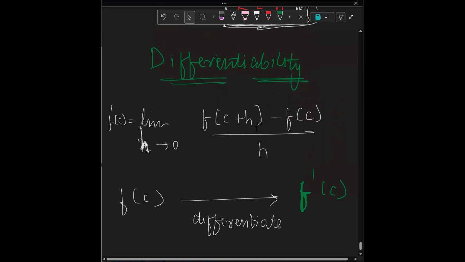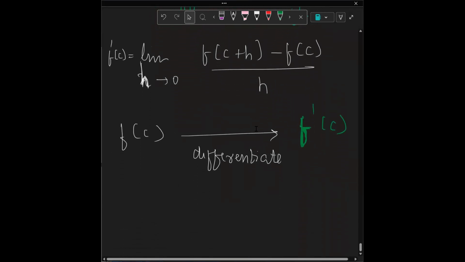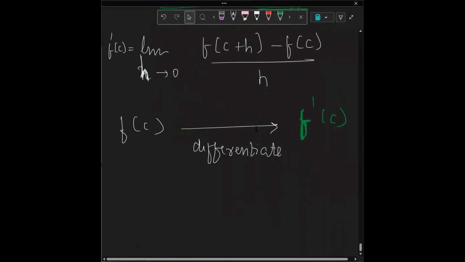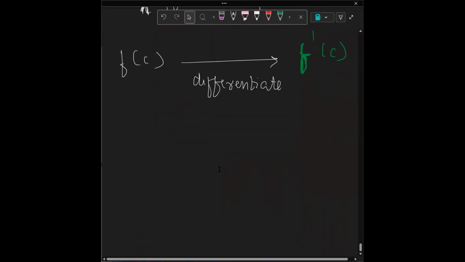Okay, so you know what is the differentiation of sin x? All of you, do you know what is the differentiation of sin x with respect to x?